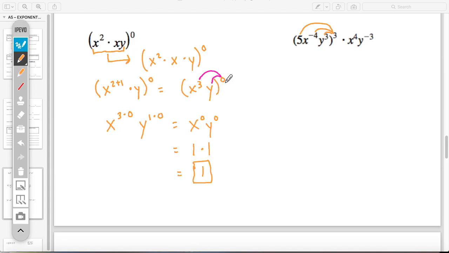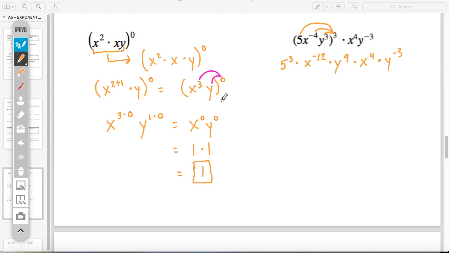So I have 5 cubed times x to the negative 4 times 3, that's negative 12, and then y cubed to the 3rd power, that's y to the 9th. Now I can tack on this expression over here, so I have times x to the 4th times y to the negative 3.